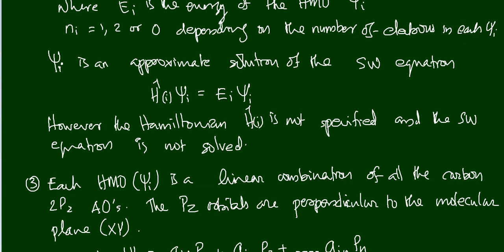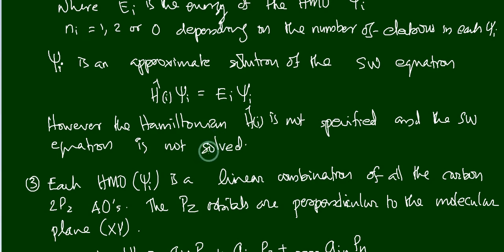However, you have to remember that even if psi I and Ei are included as the eigenfunction and eigenvalue of the Schrodinger wave equation, the Hamiltonian is not specified, and the Schrodinger wave equation is not solved in this Hückel molecular orbital method. Okay, that you have to remember.